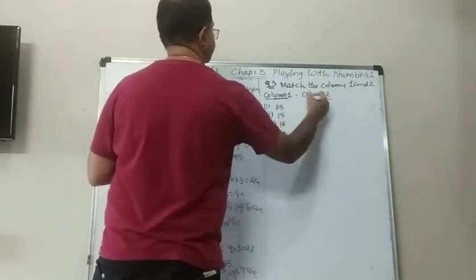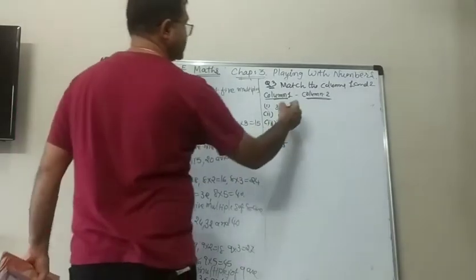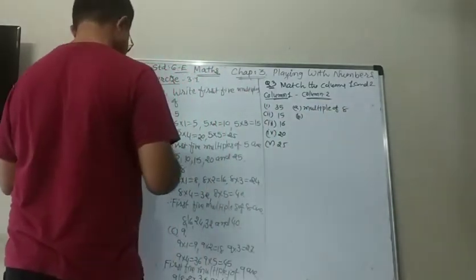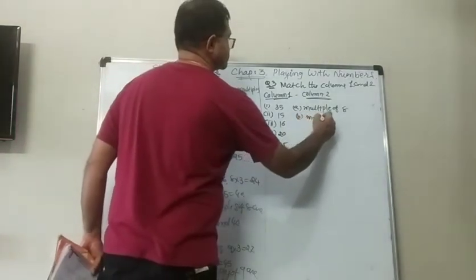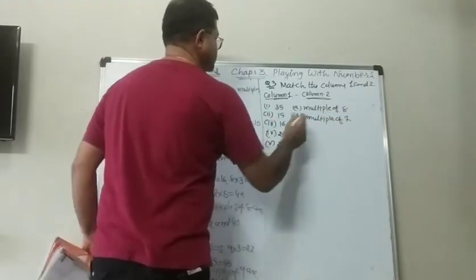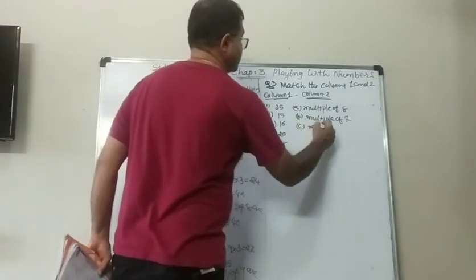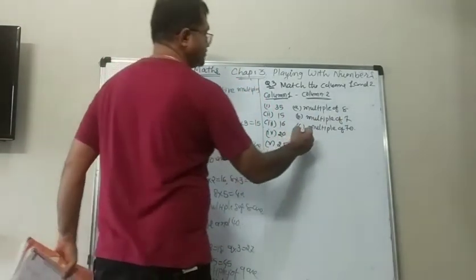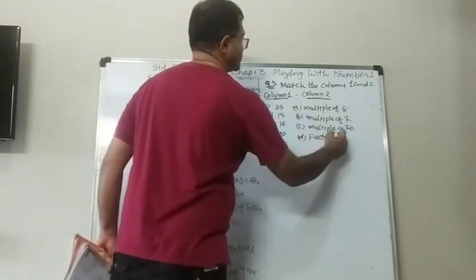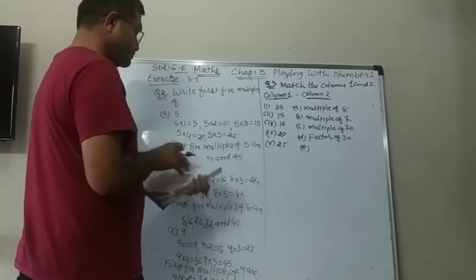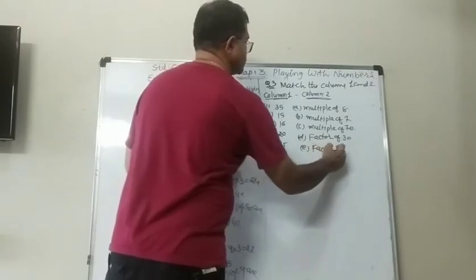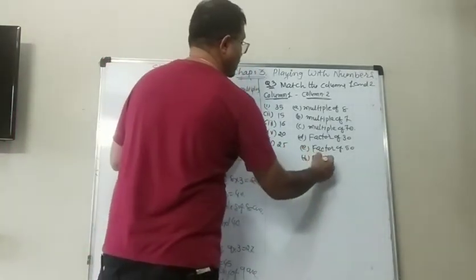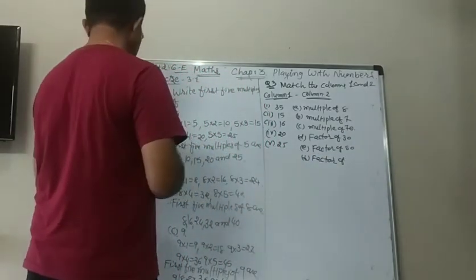And in column 2, A is multiple of 8, B is multiple of 7, C is multiple of 70, D is factor of 30, E is factor of 50, and F, so there is one extra, so we have to write down the real answer. F is factor of 20.